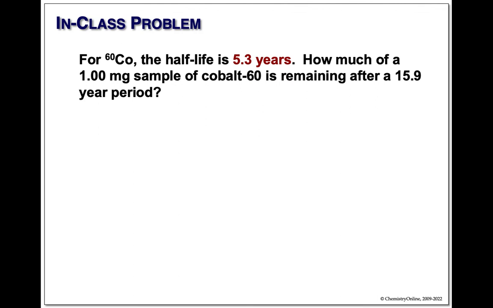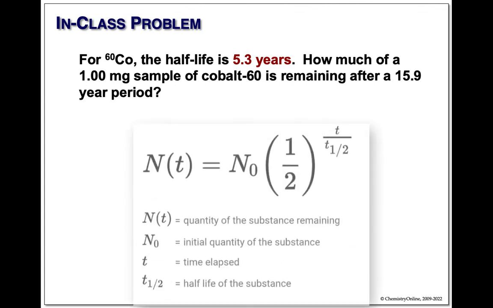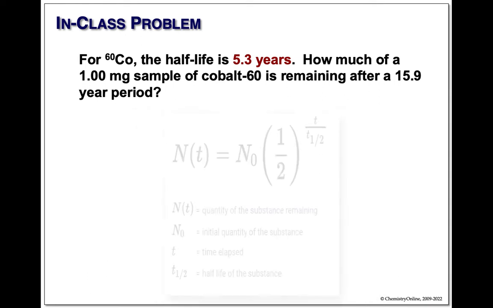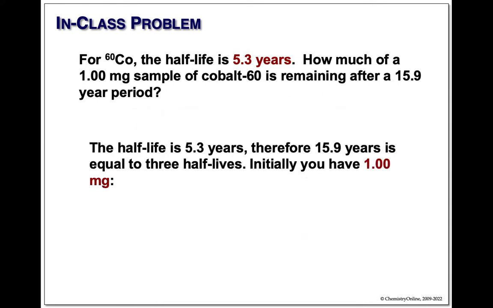Well, of course, there's an equation for that. And of course, we're not going to use the equation. Don't worry about it. You would choke yourself trying to get this in your calculator. Instead, we're just going to look at the problem and come up with a pretty good estimate. The half-life is 5.3.